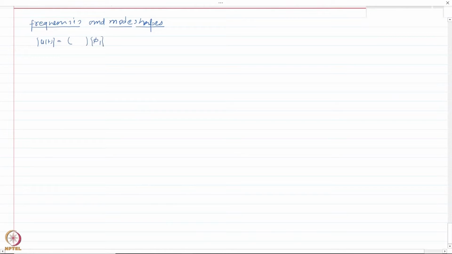Let us say the mode shapes are represented through these vectors phi1, phi2 and so on. Then the total response would be a combination of the contribution due to each of these mode shapes. Depending upon how much those contributions are, some modes are going to govern the response, and we are going to learn about that later.